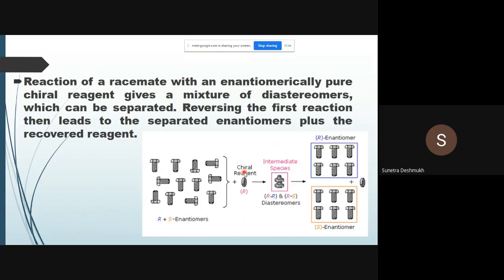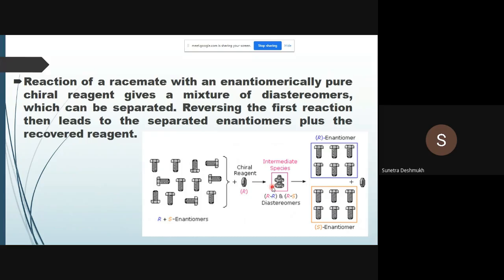What kind of resolving agent we will see on the next slide, but first pay attention: we expose our R plus S racemic mixture to one resolving agent. It should be a chiral resolving agent, and chiral means we use only one form, either the R form or the S form of the chiral resolving agent.